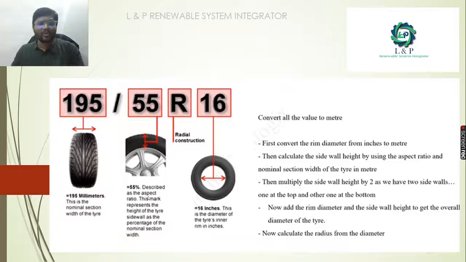First and foremost, we need to know the calculation to convert our values into meters by seeing what has been mentioned on our tires, because 195/55 R16 means the width of the tire is 195 millimeters, and 55% describes the aspect ratio, which represents the height of the tire sidewall.